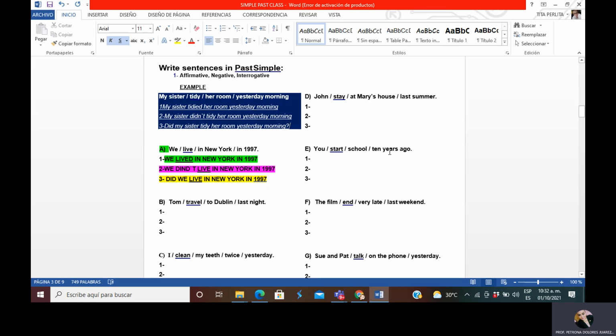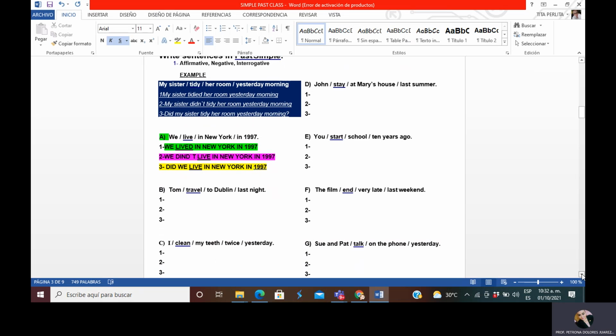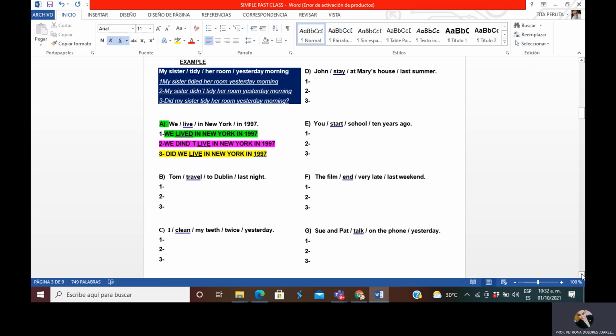¿Ok? Bien. Vuelvo a repetir. My sister tidied her room yesterday morning. My sister didn't tidy her room yesterday morning. Did my sister tidy her room yesterday morning? Mi hermana ordenó su cuarto ayer en la mañana. Mi hermana no ordenó su cuarto ayer en la mañana.